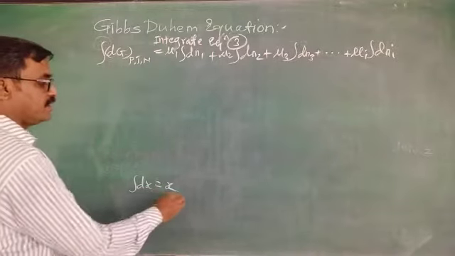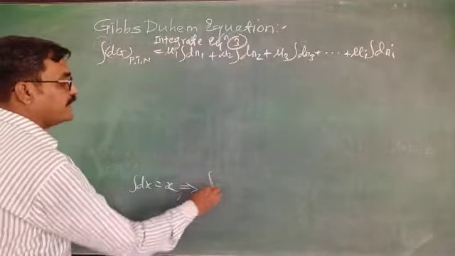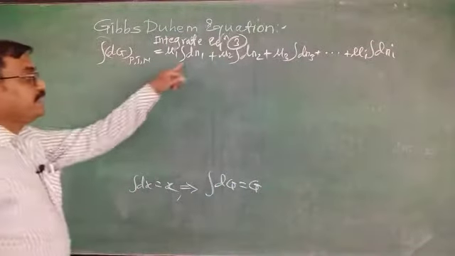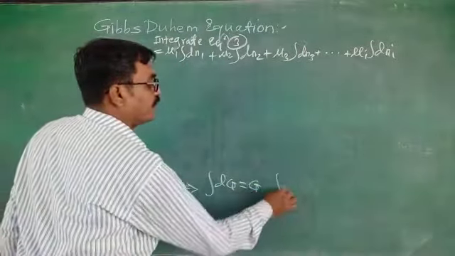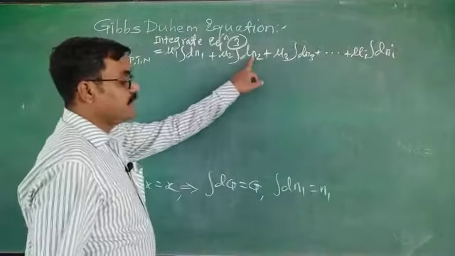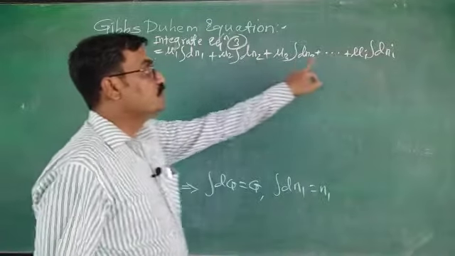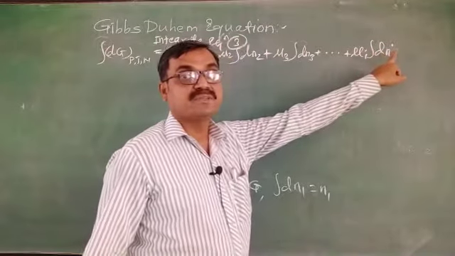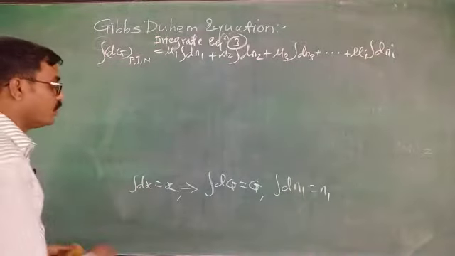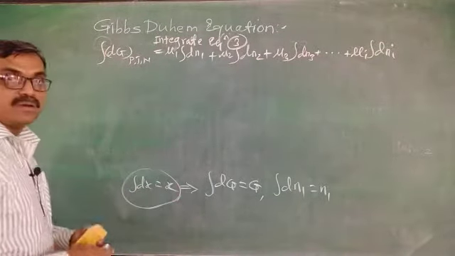That's why this implies integration of dG is G, and integration of dn1 is n1. Integration of dn2 becomes n2. Integration of dni becomes ni. Why is it so? Because you know this formula.